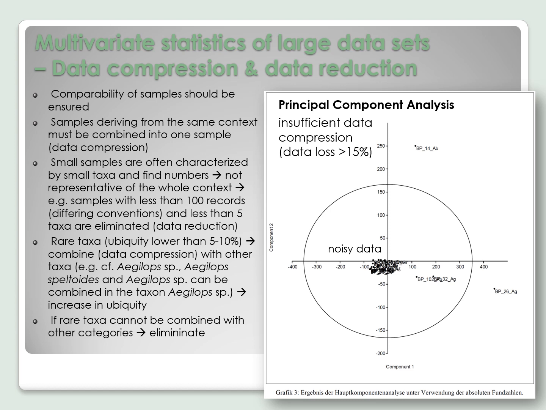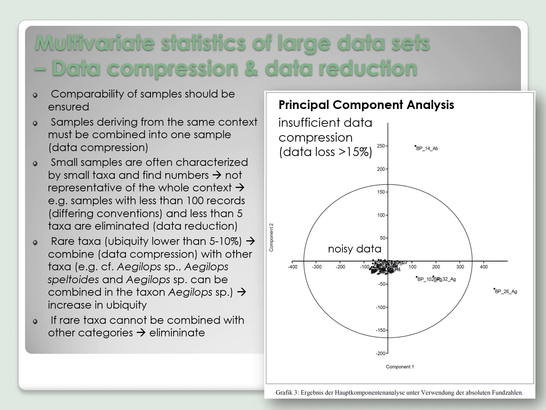If samples are too small, that is, they contain less than 50 to 100 remains, they have to be excluded from the analysis because they tend to create atypical patterns. If the ubiquity of taxa is below 10 to 5%, they are usually eliminated to avoid outliers by rare taxa.